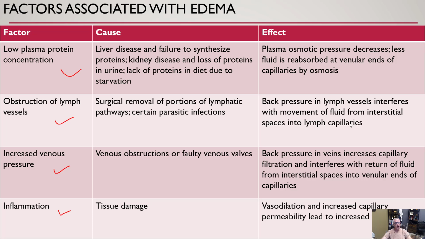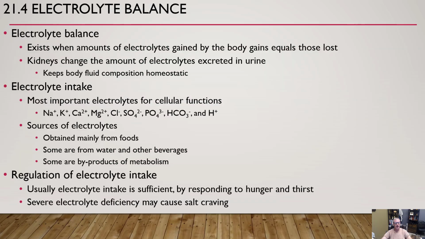All right, electrolyte imbalances. Basically, we need to keep our electrolytes in balance. If you go for a run, don't just drink water, throw in some Gatorade as well. Kidneys are typically pretty good about keeping our electrolytes in line.